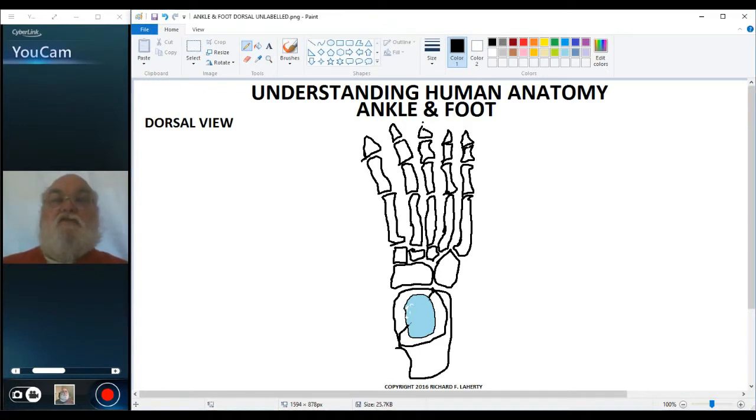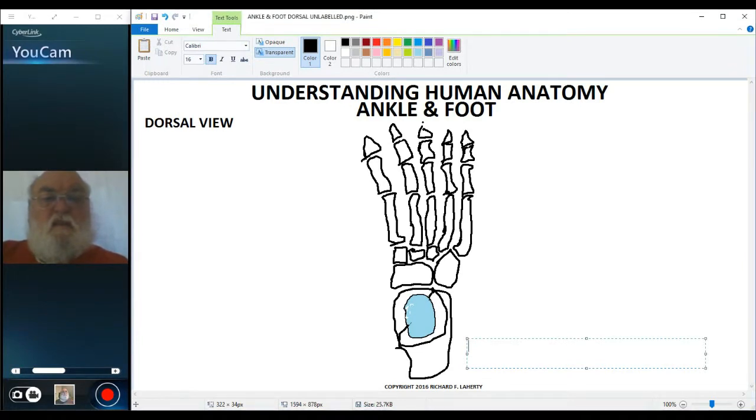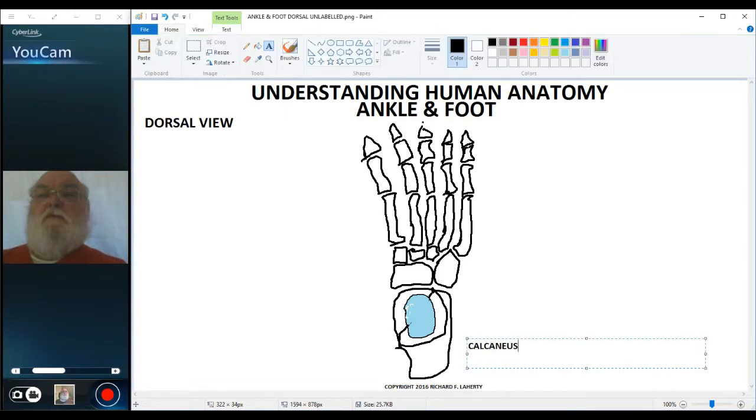Now, let me add some labels to the diagram. And down here we have the calcaneus, which is the heel bone.